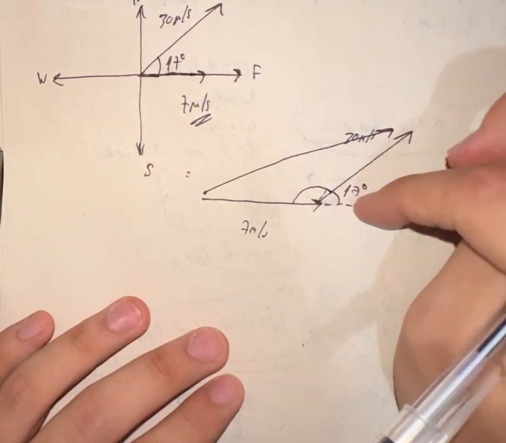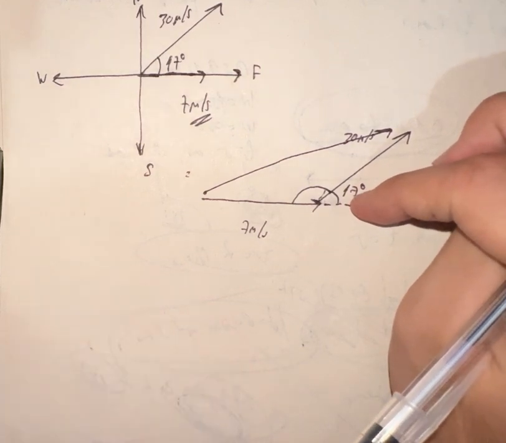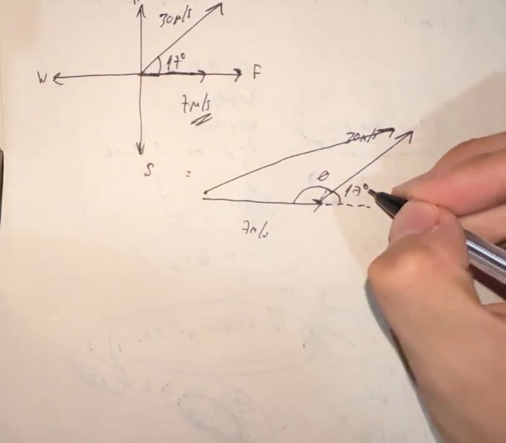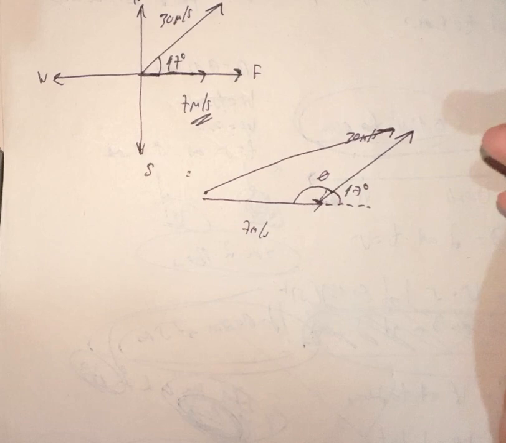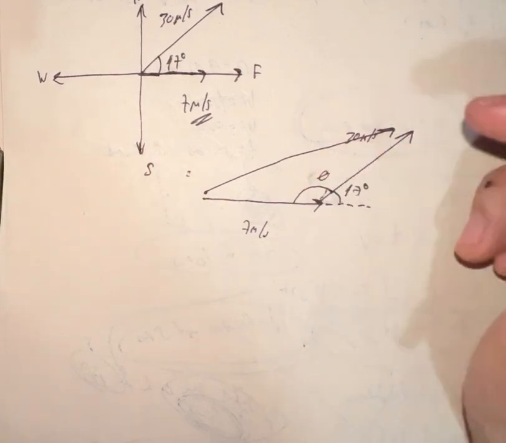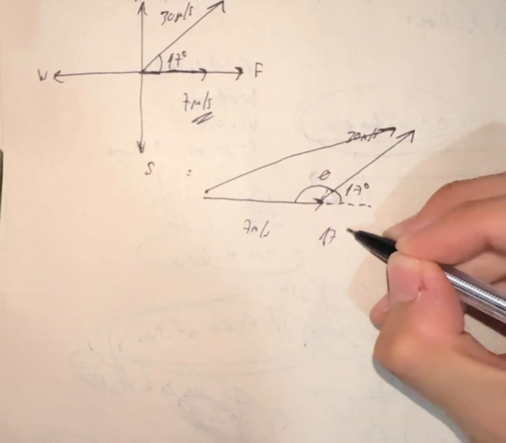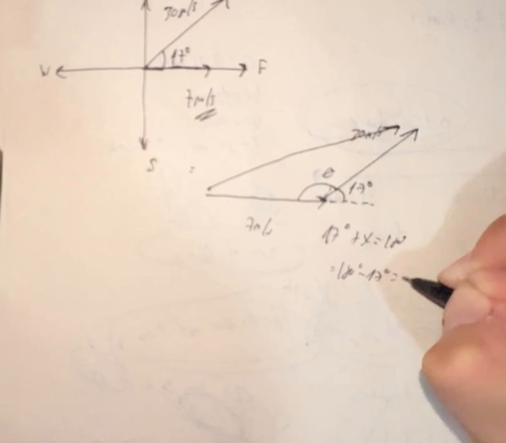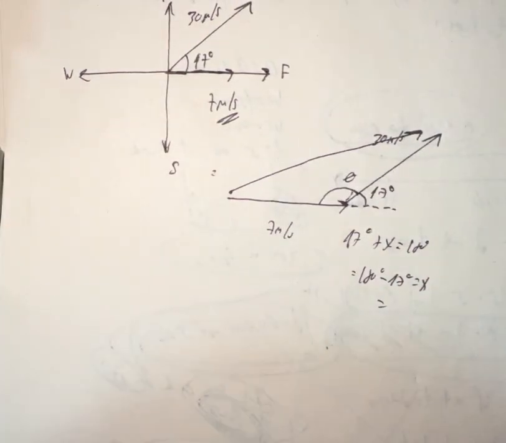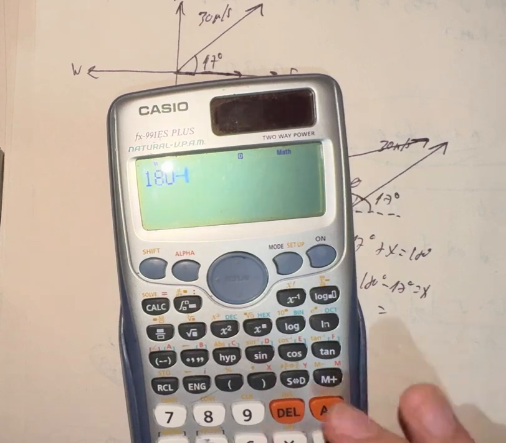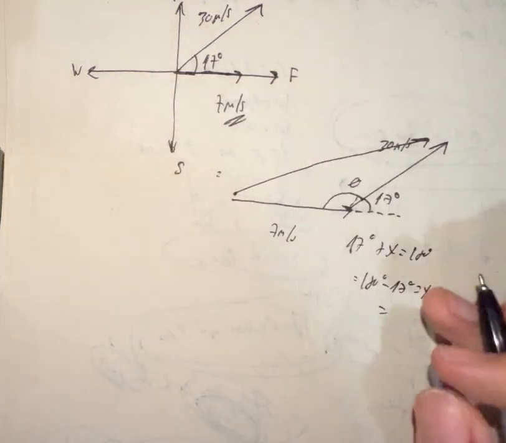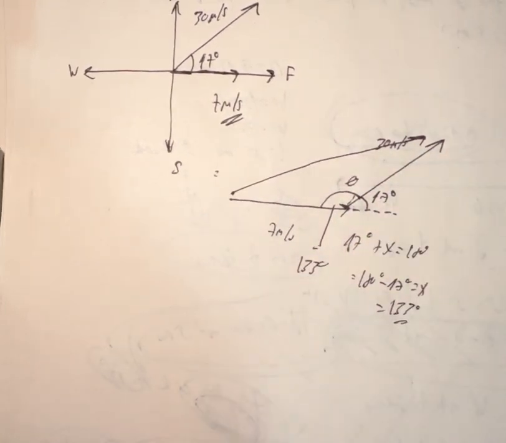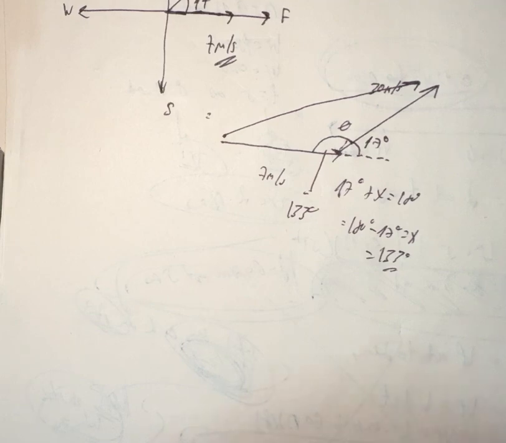Since this entire angle is 180 degrees, the angle we're going to be finding, let's say theta, comes from 47 degrees plus x equals 180 degrees. 180 degrees minus 47 degrees equals x. 180 minus 47 is 133 degrees.